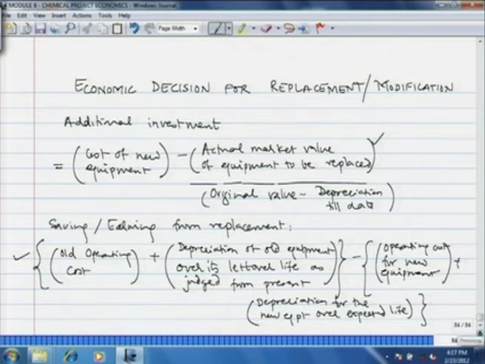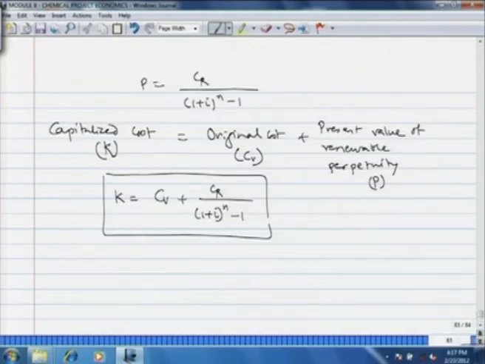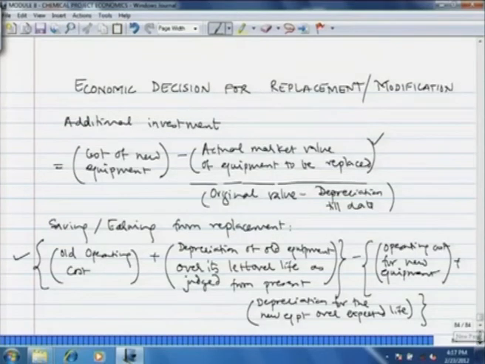So perpetuity is a definition for choosing between different equipment, and this saving or earning for replacement is a criterion for replacement of old equipment with a new one with better performance. So this essentially completes our theoretical treatment on project economics. So let us summarize what we have learnt in this entire module.